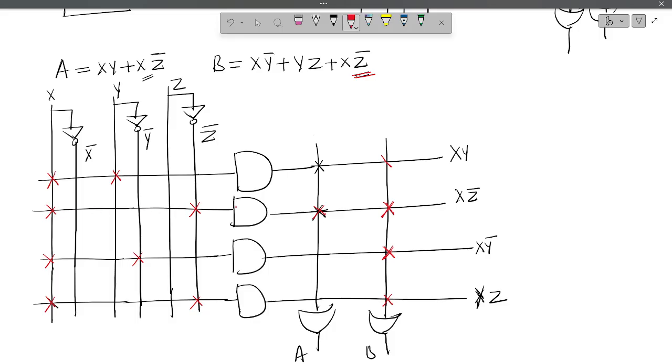I can draw it one time and reuse this XZ bar in A as well as B. Is it fine? This is YZ, the AND gate. We need to mark Y and Z. Yes, now it is okay.